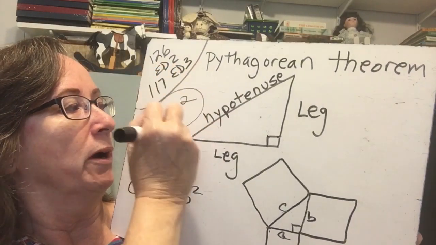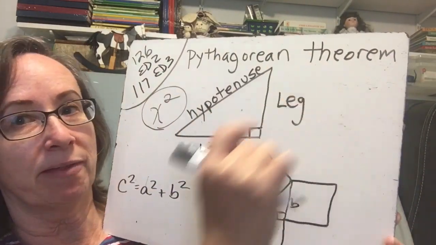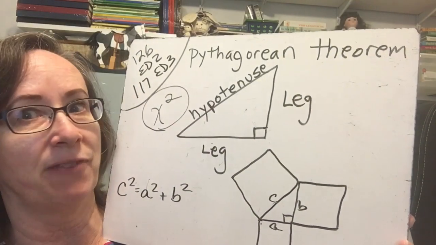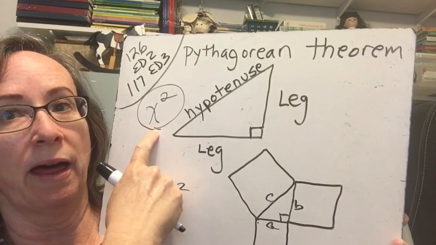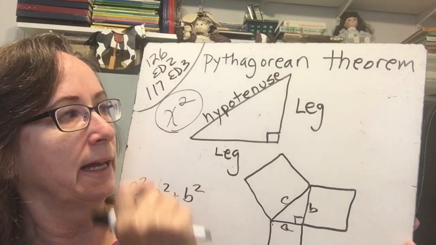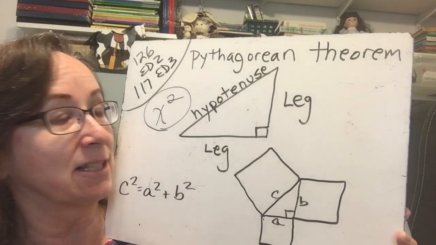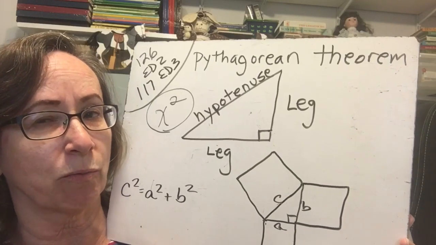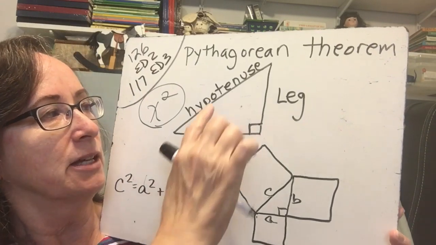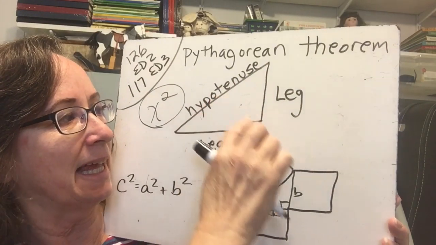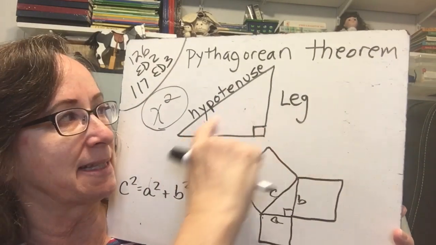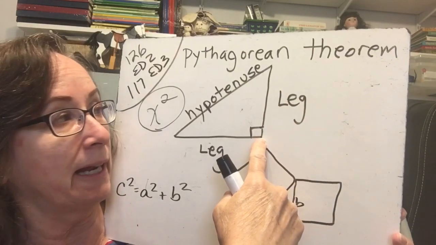Now, we're going to learn the Pythagorean Theorem, which is a very, very important theorem that has to do with a variable squared. And it also is only going to work with right triangles, okay? So the hypotenuse of a right triangle is the side that is directly across from the right angle.